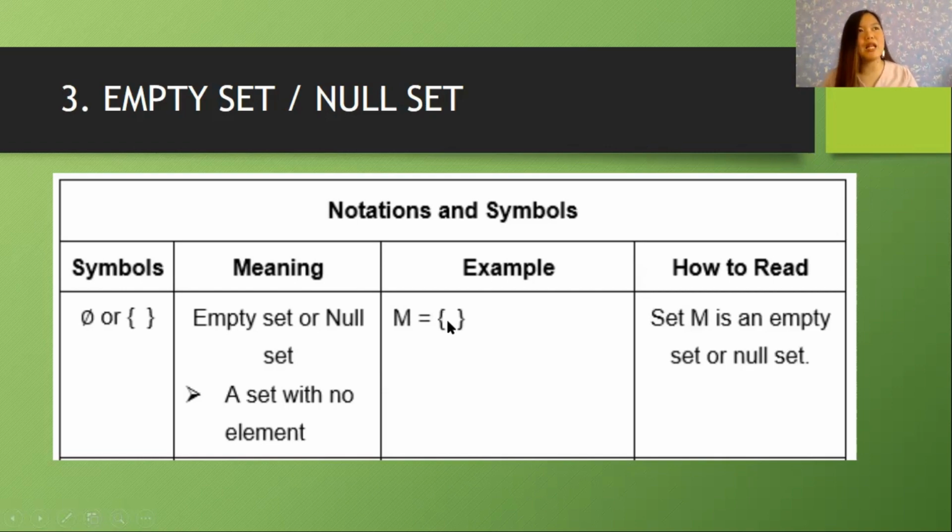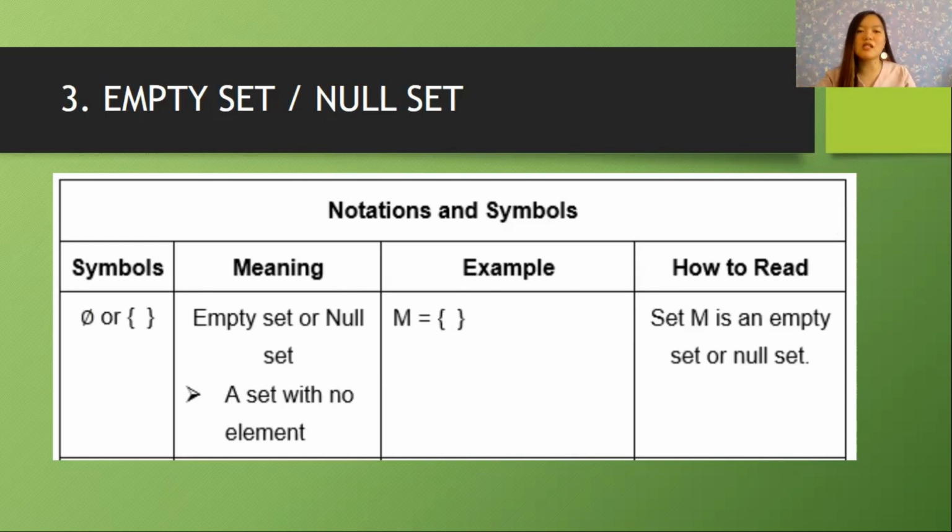Another example in real life. The set of months with 32 days. Do we have a month in a year with 32 days? Right, none. So, meaning it is a null set or an empty set. You will not put any element.